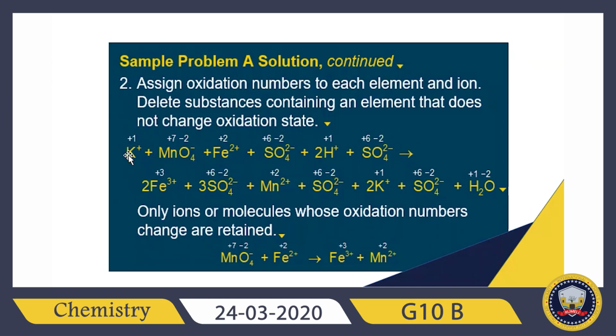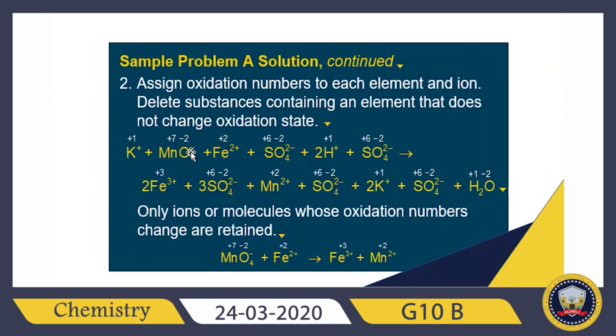So here the oxidation number of potassium is positive 1. For the manganese, guys, the same way that we did it before in our previous lesson, oxygen, as we know, is -2, and the rule says that if we need to assign the oxidation number for an atom in an ionic compound, not a neutral compound, the sum of all the oxidation numbers should be equal to what?